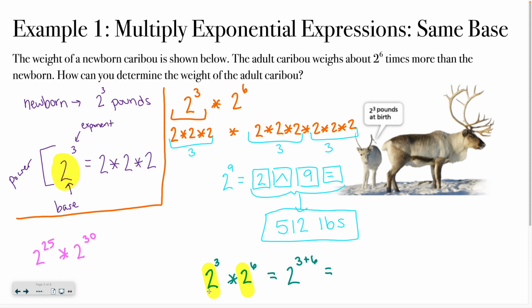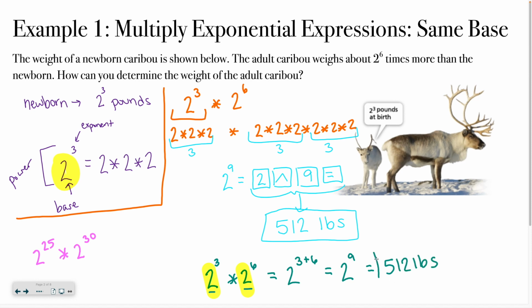Okay, so when the base appears more than one time, it's the same base and it appears more than one time, all you have to do is add those exponents together. So I know that I would have 2 to the 3 plus 6 is 9. And then from there, you would just plug it into your calculator to get that 512 pounds.